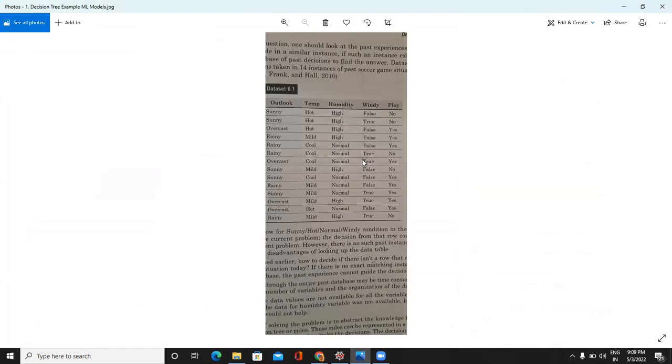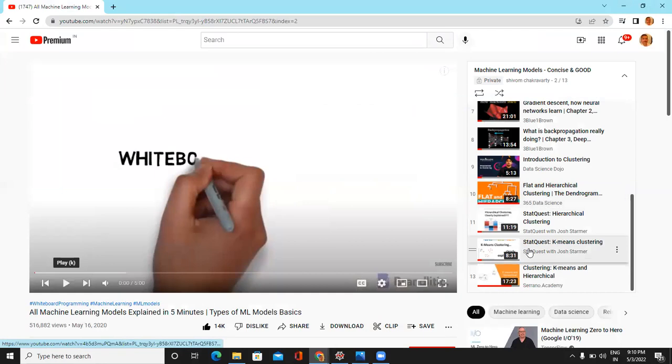Step by step, we will try to prepare a decision tree. In data science, there are different ways to do anything and everything, but we'll see a simpler way of preparing a decision tree based on this data. So that is the agenda for today.